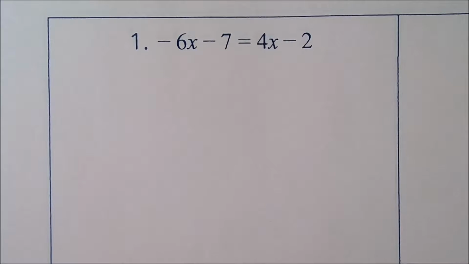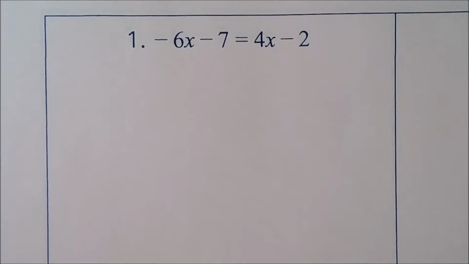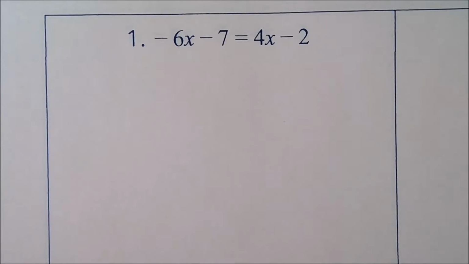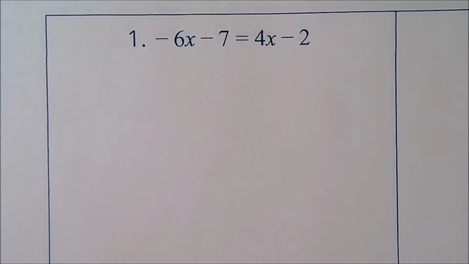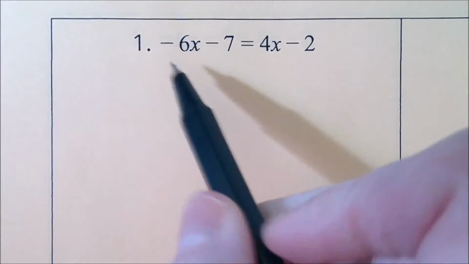The only thing that has to happen is you have to be mathematically correct, and the choices you make have to make mathematical sense. For example, if you add something to the left, you've got to add the same thing to the right. If you divide on the left, you have to divide on the right. So those mathematical requirements have to happen. But for example, with number 1, okay, we'll start here.